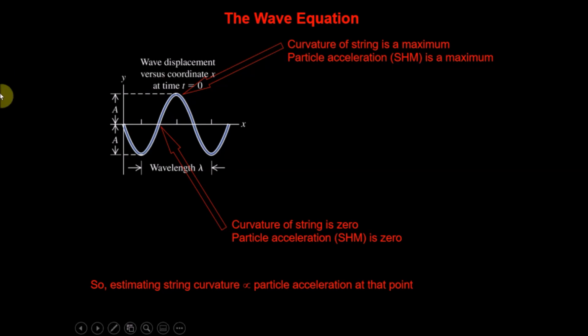Curvature of the string here, if you can imagine how this string would look, is essentially 0. So the acceleration of our particle is 0. So any point on the string here that's bouncing up and down, we're going to look at maximum acceleration here, minimum acceleration here, and again another maximum but in the opposite direction here.